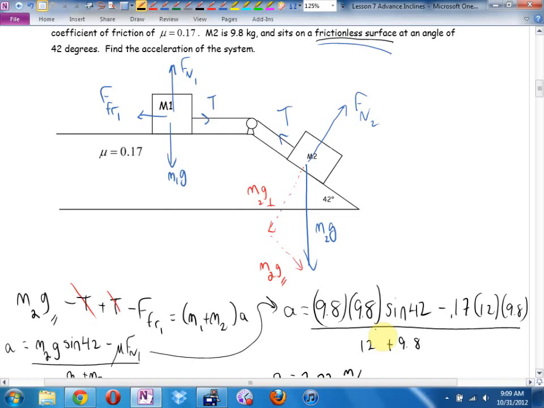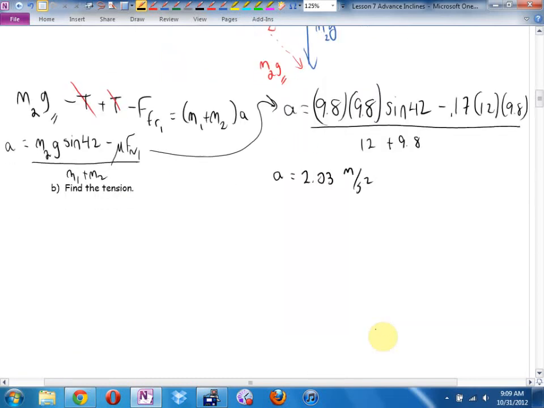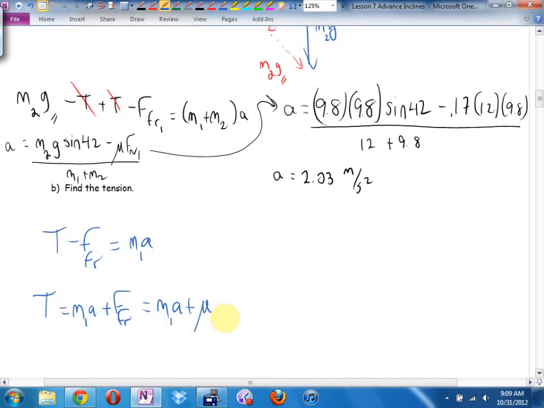Tension. Who's losing? Friction. So for mass 1, your equation is going to be tension minus friction equals M1A, because now we're just looking at one mass. Tension is going to be M1A plus friction.